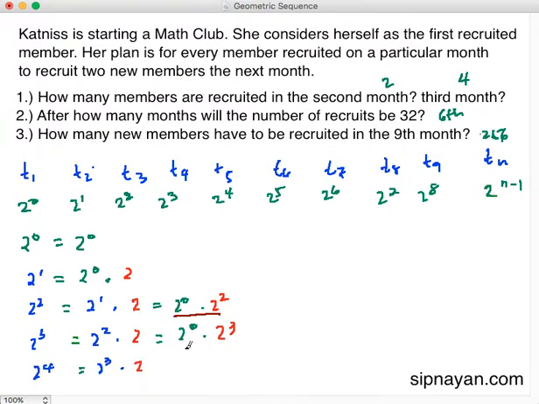But 2 cubed is 2 to the 0 times 2 cubed, but we still have another 2 here. We have this equals 2 to the 0 times 2 to the fourth.